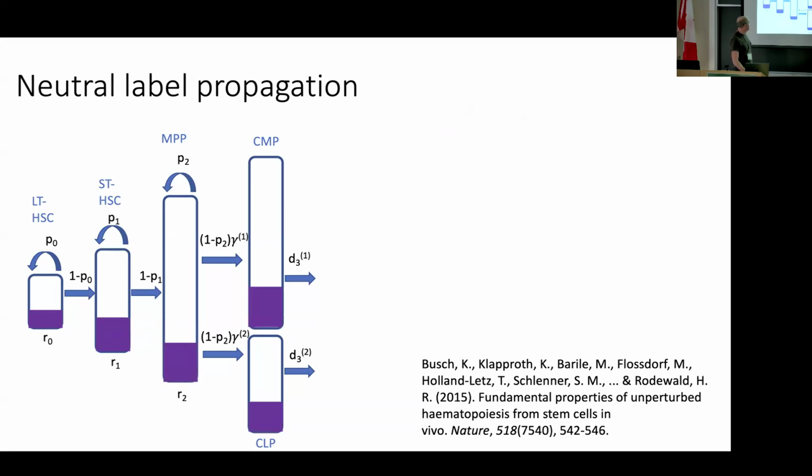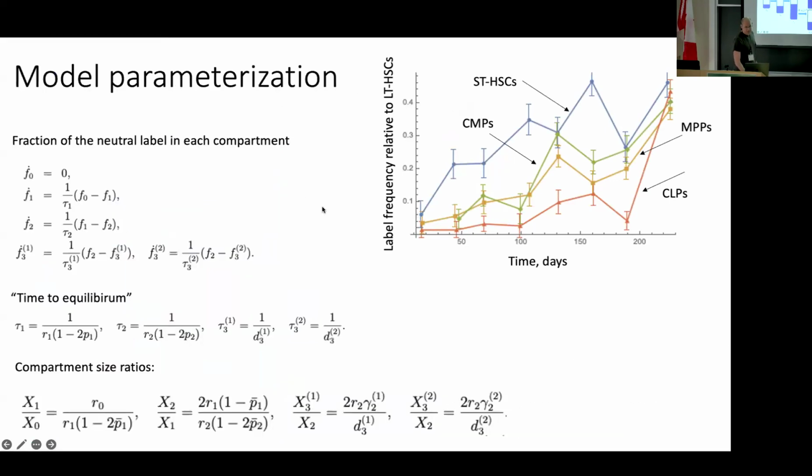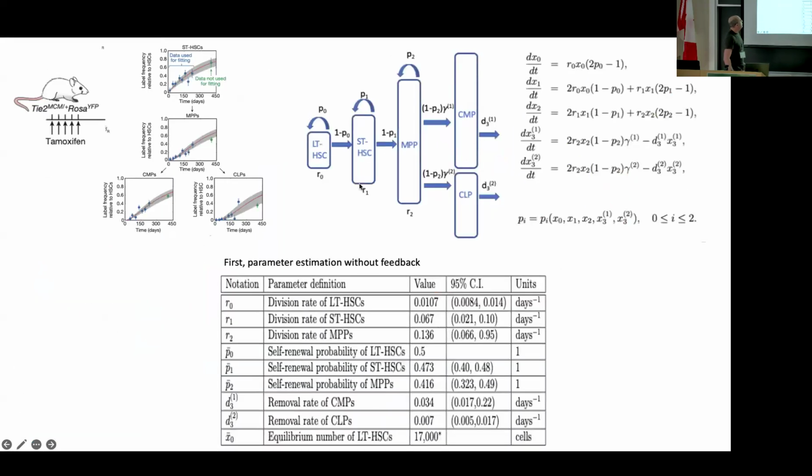You can have a time series of the label in those different compartments, and that's highly valuable for parameterizing mathematical models. So you can make a mathematical description of the label propagation data and fit that to the data.